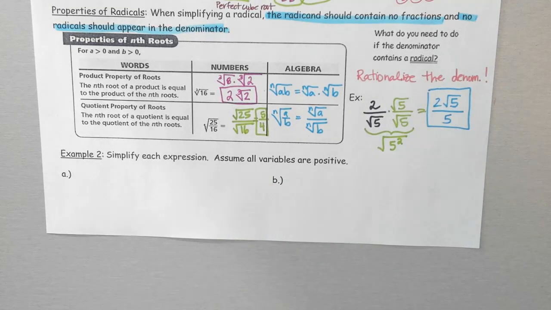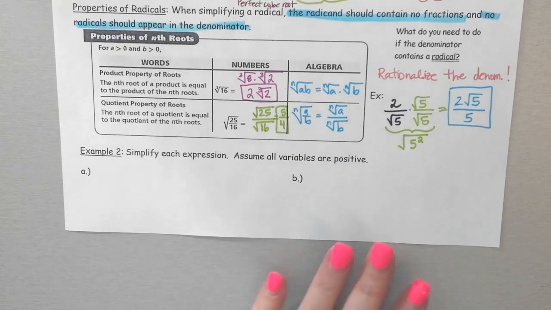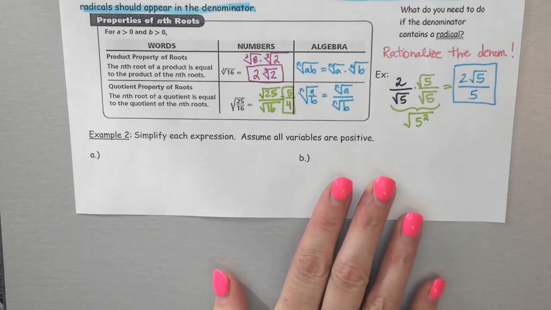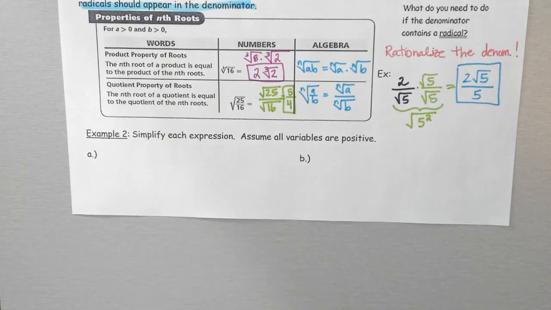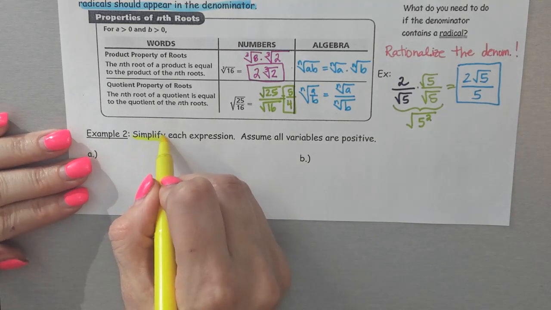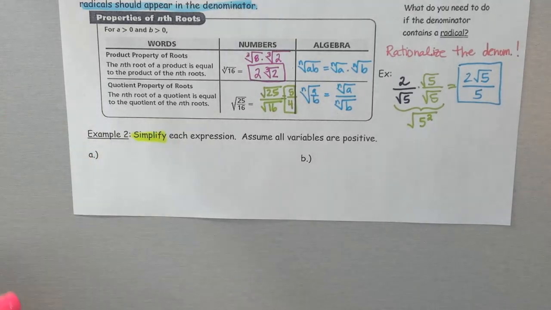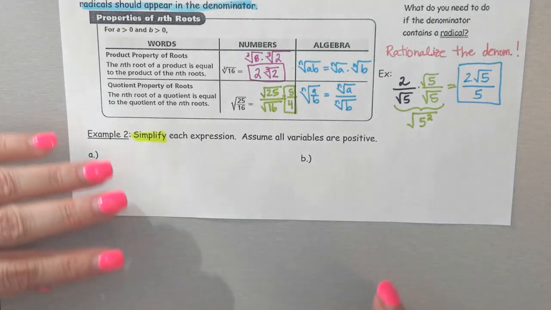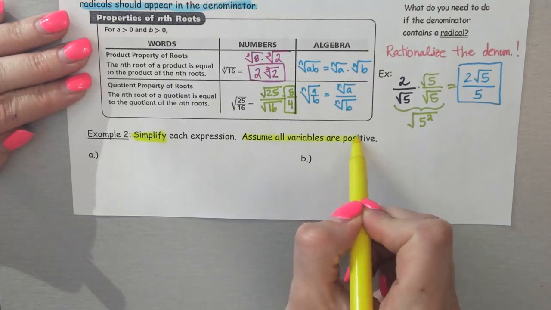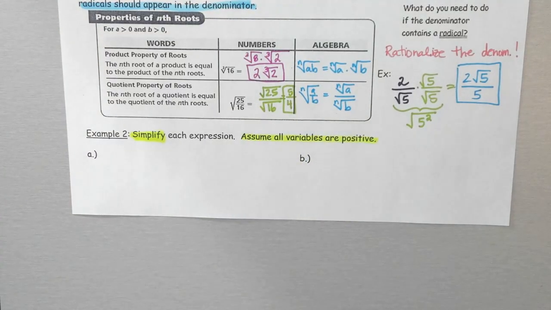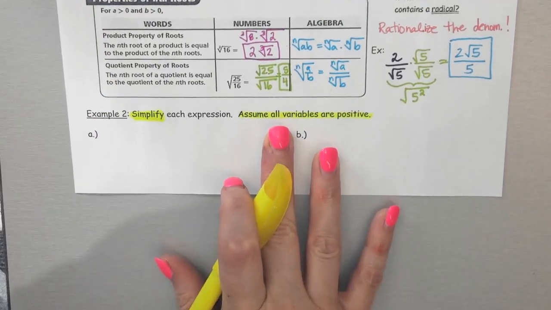Okay, and we're going to be extending some of these things that we've already been working with. So we're going to simplify each expression. It says assume all variables are positive, and that's because if you don't, then you have to use the absolute value. And again, I just think that's too much for our introduction to this, so we're just going to assume that all variables are positive and we won't have to worry about it.